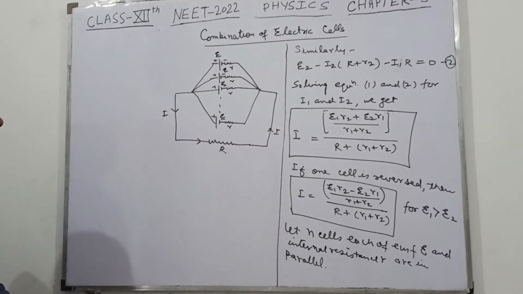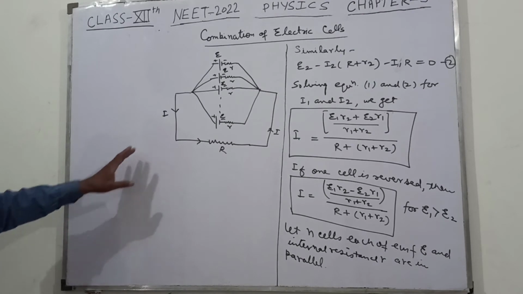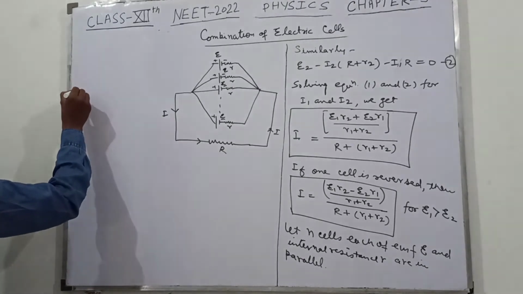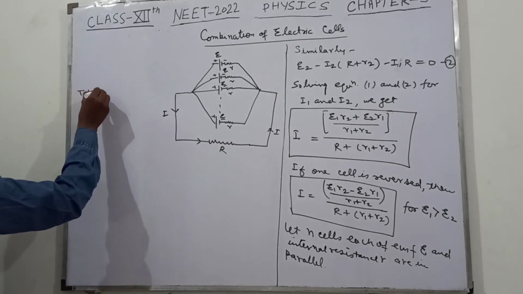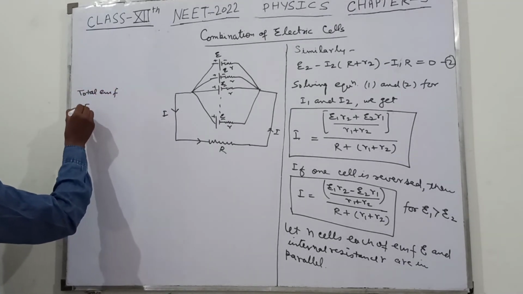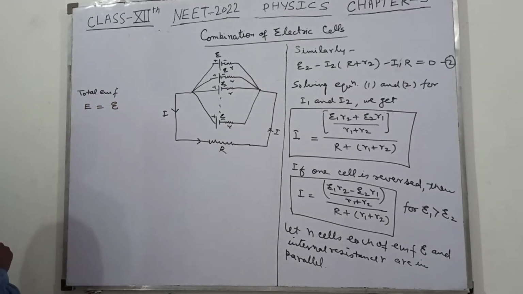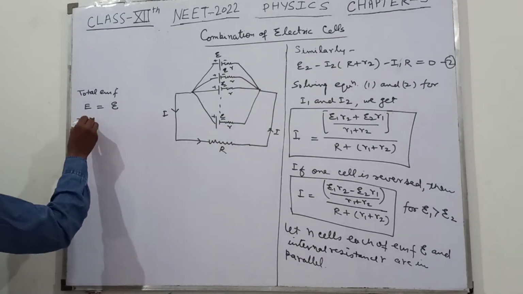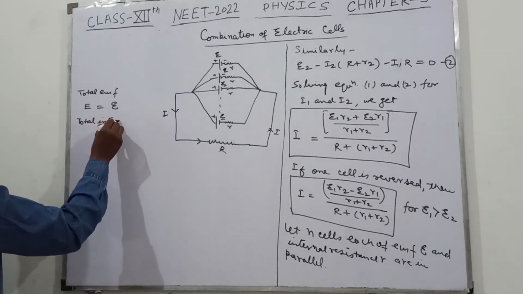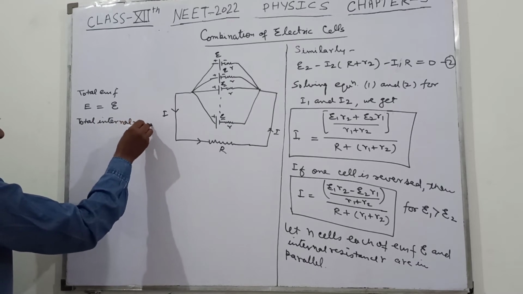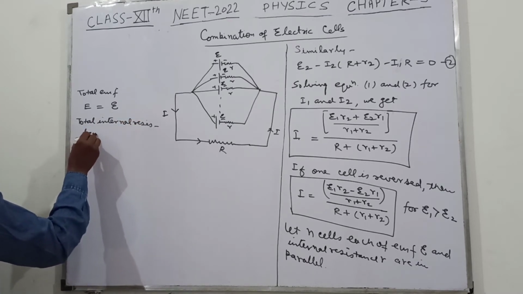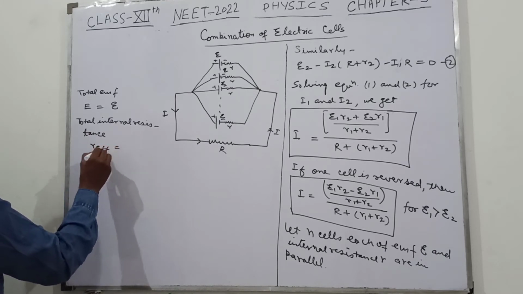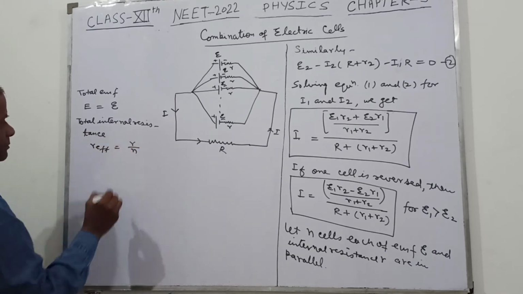If it is like this one, then the total EMF will be how much? Total EMF is equal to E, and the total internal resistance, this R effective, will be R upon n.